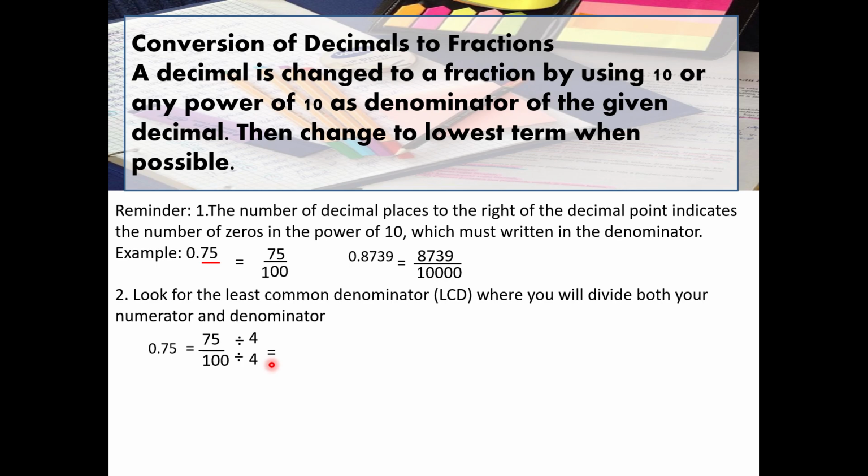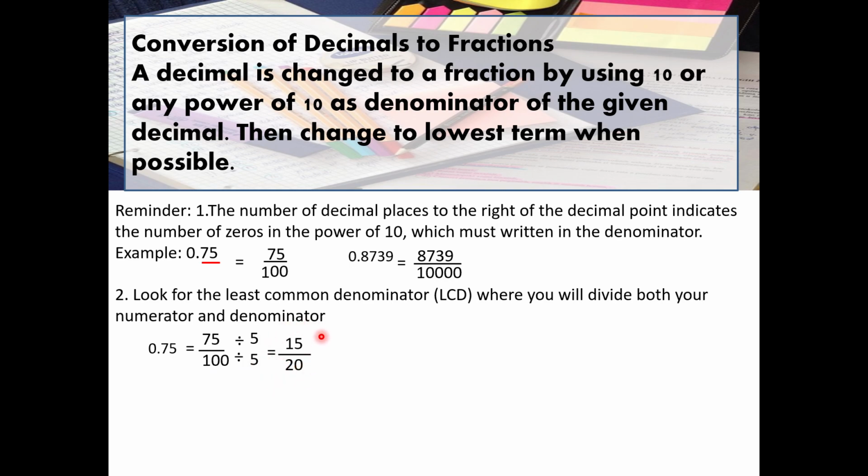Magkakaroon siya ng remainder. Kasi dapat parehas walang remainder. So, try naman natin ang sunod sa 4, which is 5. Okay, so 75 divided by 5, pwede. Okay, so I think 5 na yung gagamitin natin. 75 divided by 5 is 15. Then 100 divided by 5 is 20.